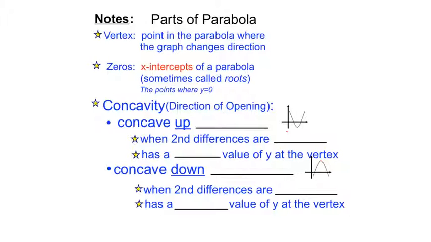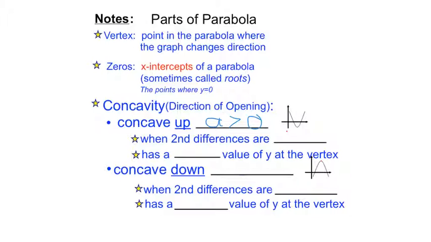Okay, and then we have this word concavity, and concavity basically tells you the direction of the opening. So when you have a situation where you're concave up, then that's the case when a is greater than 0.